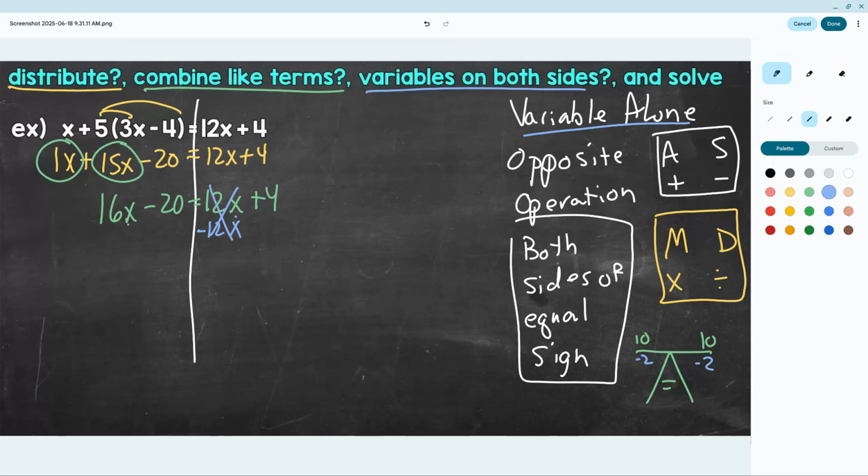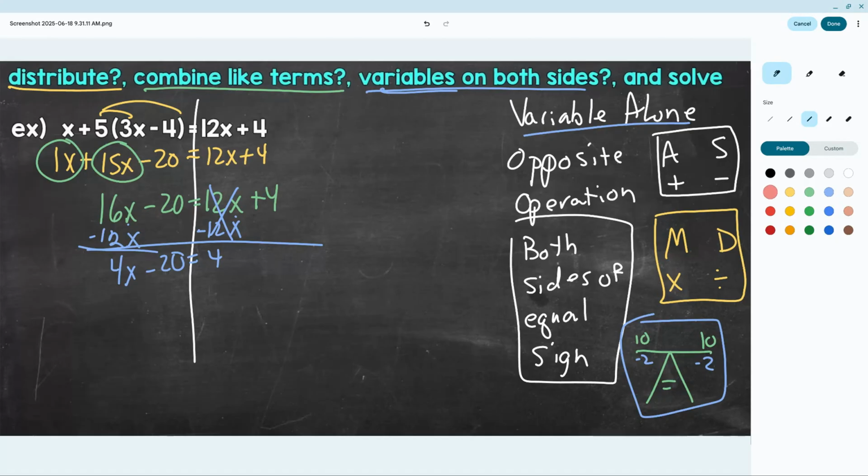Yes. But in order to keep it balanced, whatever I do to one side, I have to do to the other side. Okay, so those cancel out. So now I'm left with 4x minus 20 equals 4. Now I do not have variables on both sides, only on one side.